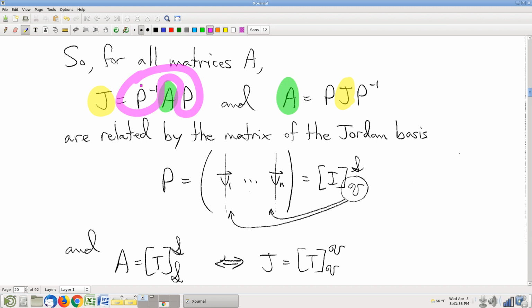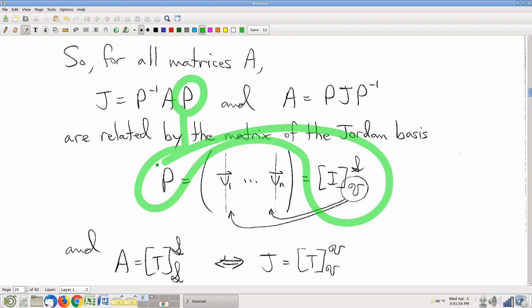Which of these conjugations is it? It depends on which way you're going. Don't forget, think in terms of bases to figure out which way you're going. We'll talk about that more in a second. Change of basis for linear transformations, recall, works by conjugating by a change of basis matrix.